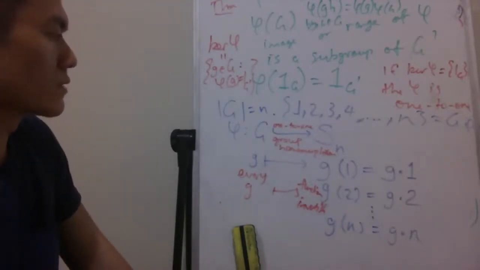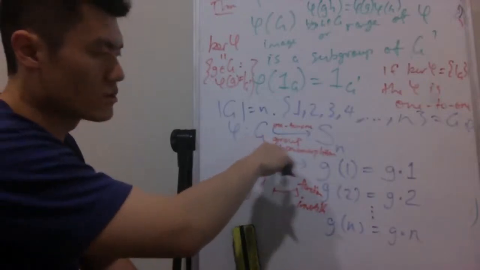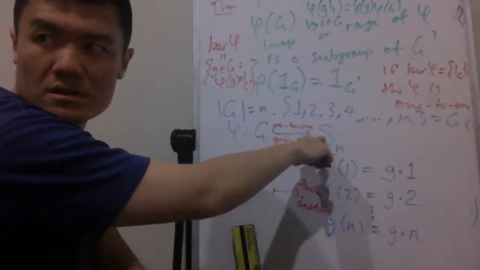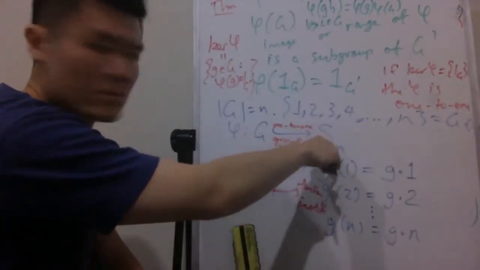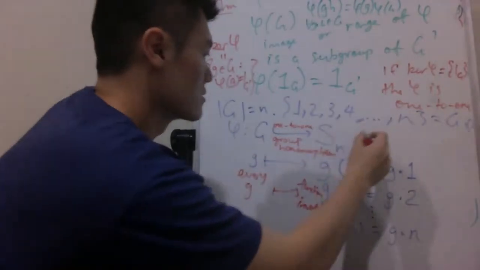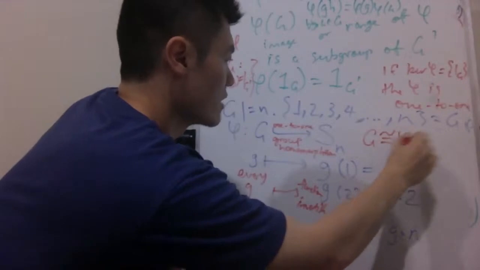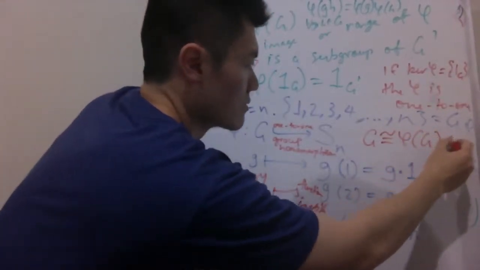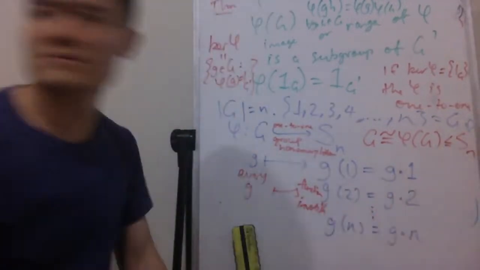I guess we can check that more generally: anytime you have a one-to-one group homomorphism, the group is isomorphic to the range, and the range is a subgroup of Sn. So G is isomorphic to phi of G, and this is a subgroup of Sn.